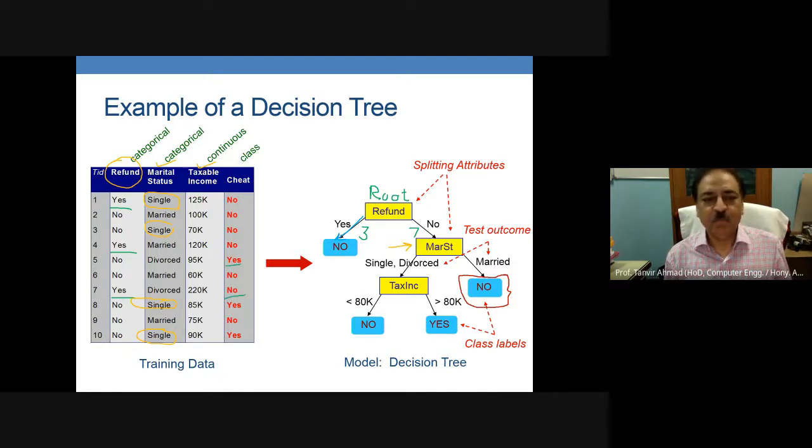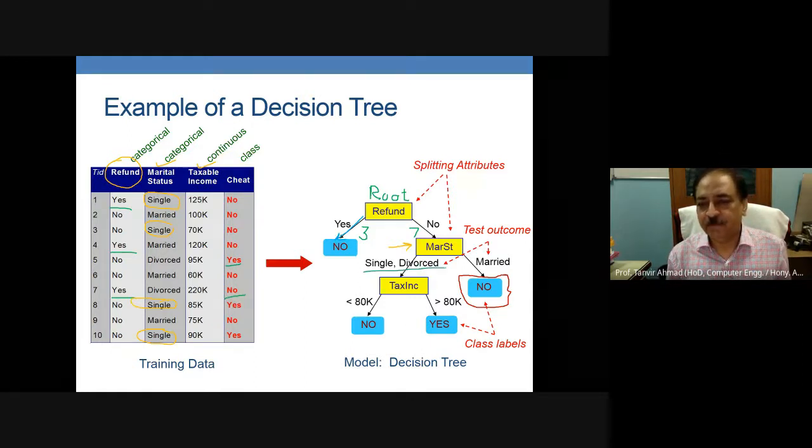This is no. Therefore, it is not going to generate a pure partition, because for married it is always no, for single it is no and yes both, and for divorce also it is no and yes both. Therefore, you cannot get a pure partition on the left side. So you have to again try to partition from here.